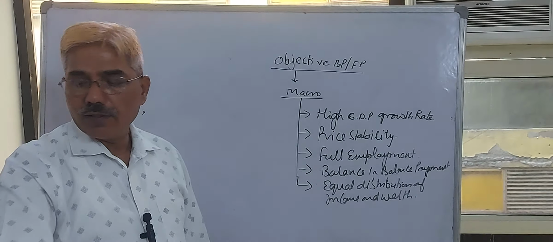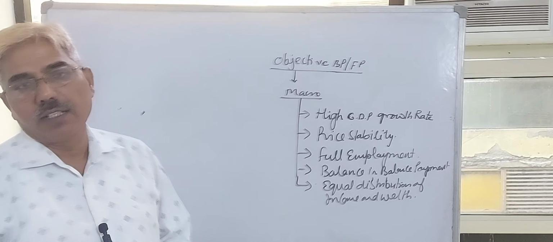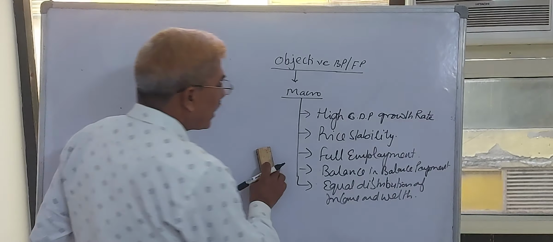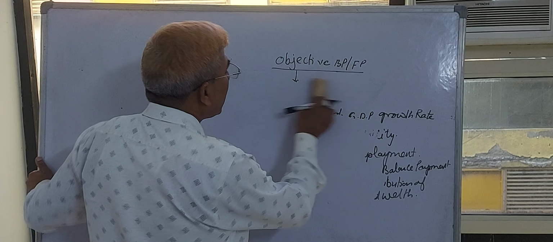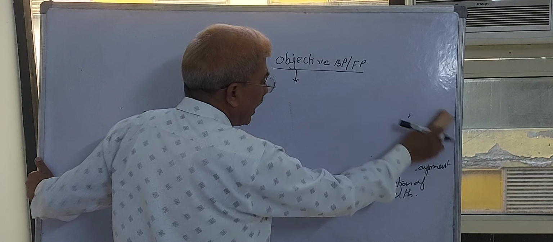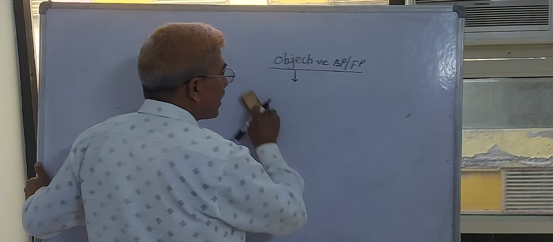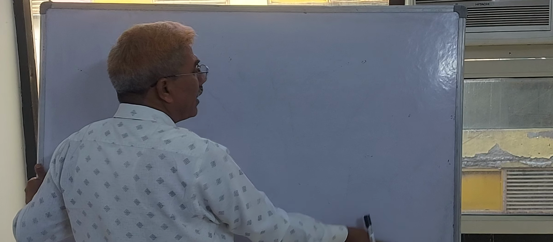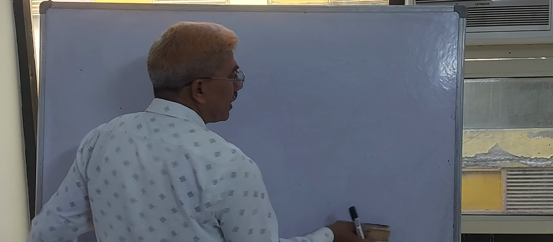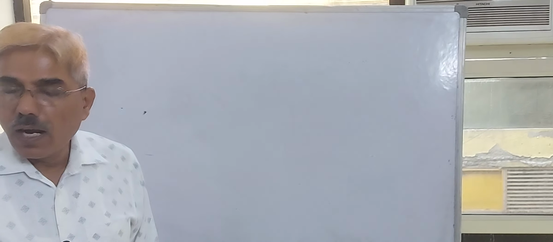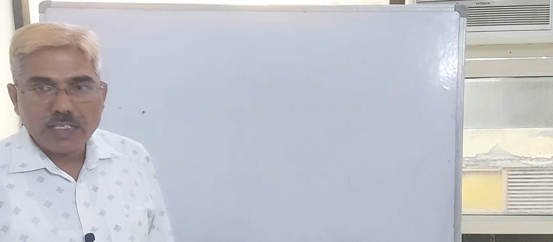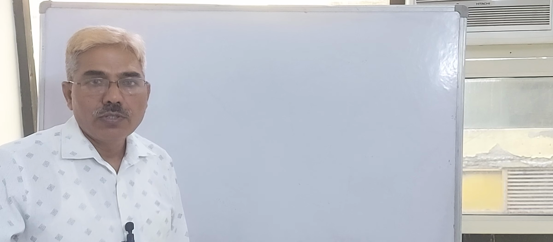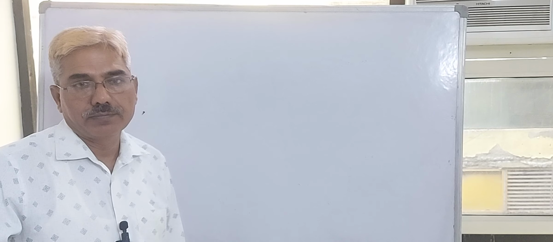How these targets are achieved is a broader concept that I will discuss later, and in the coming days on my app you can see a deep explanation of these objectives under fiscal policy, and I will also discuss monetary policy.